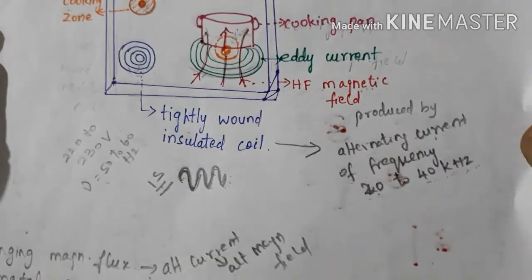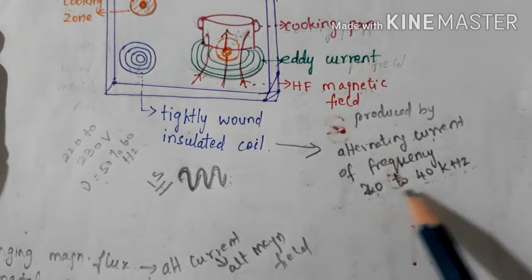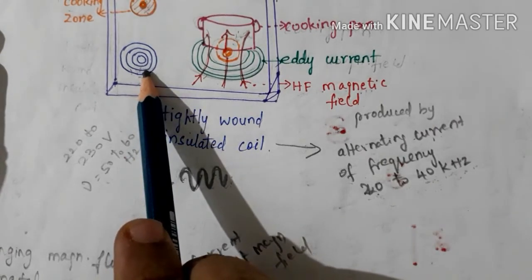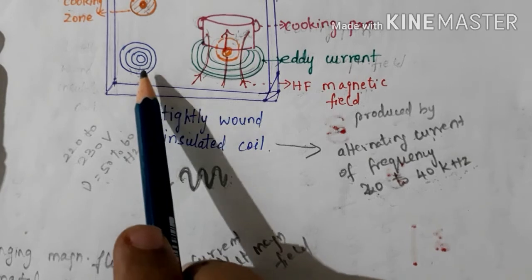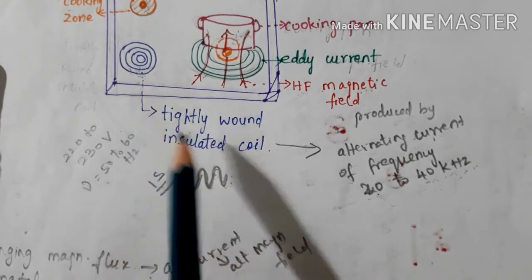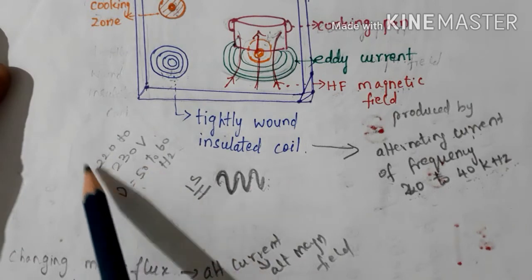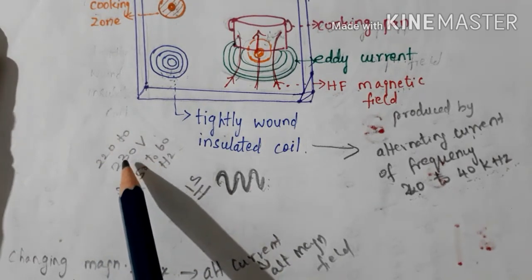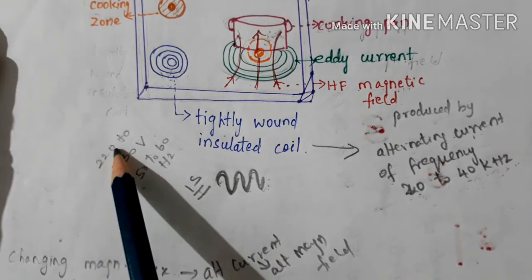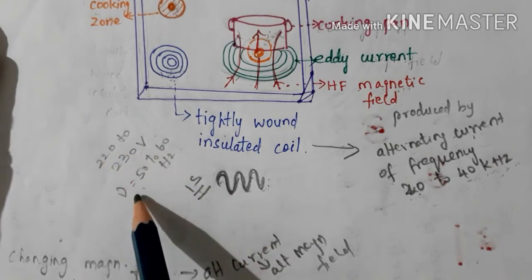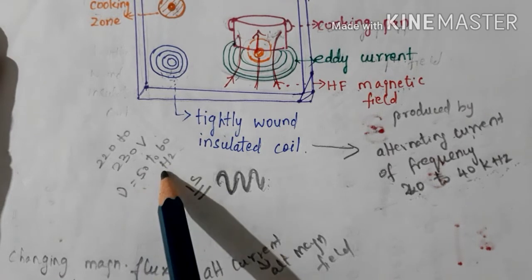An alternating current of frequency 20 to 40 kilohertz is applied to this coil, which produces the high frequency magnetic field. Right, what is this alternating current? You know that for domestic purposes, for your house, the government provides 220 to 230 volt AC power supply with frequency 50 to 60 hertz.